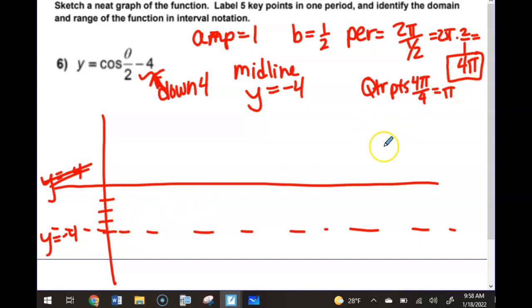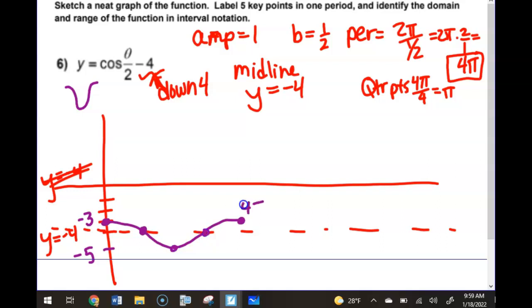Then it's going to go out to 4 pi, and the cosine is this shape, yes, guys? So it starts, if our amplitude is 1, it goes up to -3 and down to -5. And it's counting by pi's.